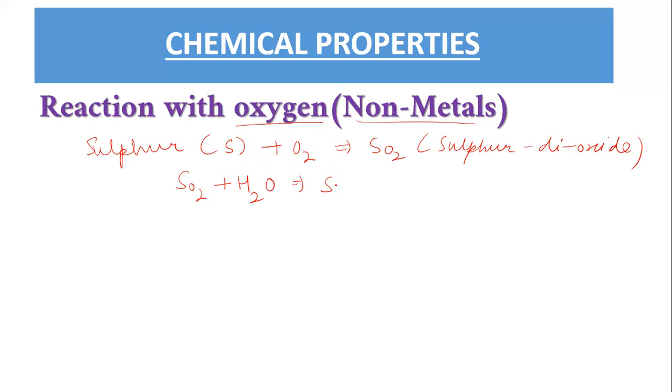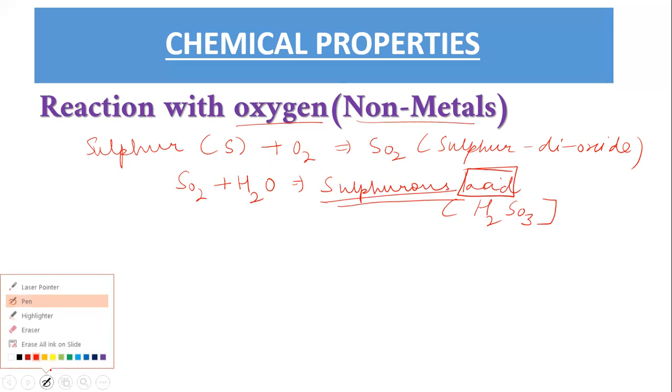Sulfurous acid is formed, which is H2SO3. As the name suggests, it is acidic in nature. You can even test with litmus paper. Blue litmus paper will turn to red.